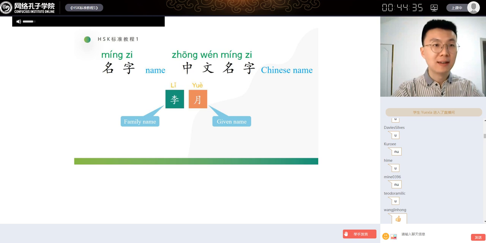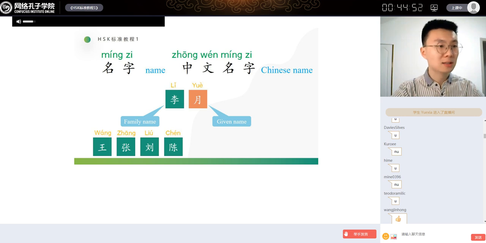In China, the family name must be placed in front of the given name. Most family names have only one Chinese character, and some have two or more. For example, Wang, Zhang, Liu, Chen. They are very common family names.